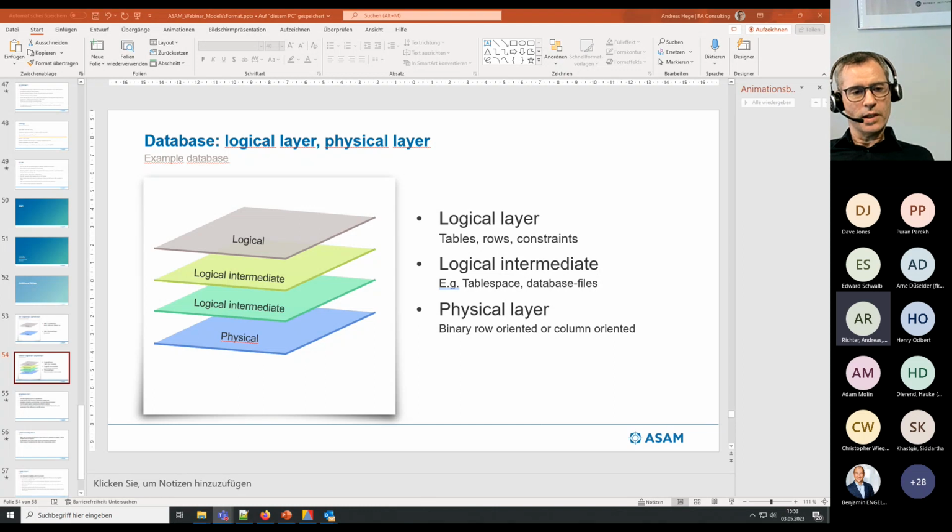So if you just describe your validity with a domain-specific language in the first place, then you probably already have the decision made for the format. Then it's a domain-specific language.